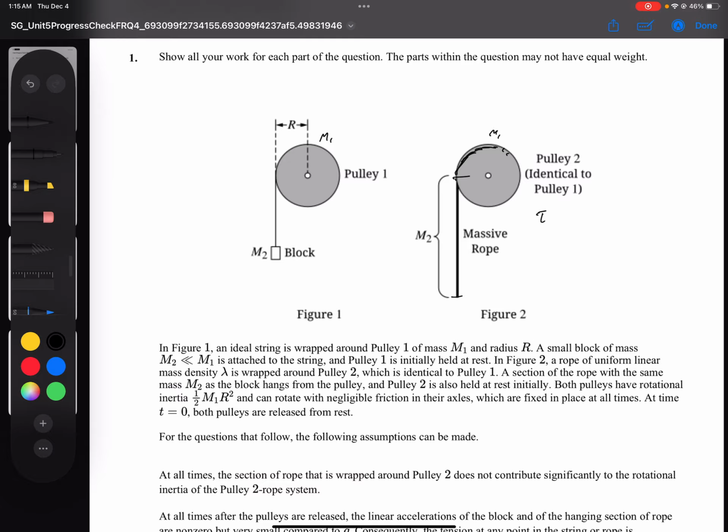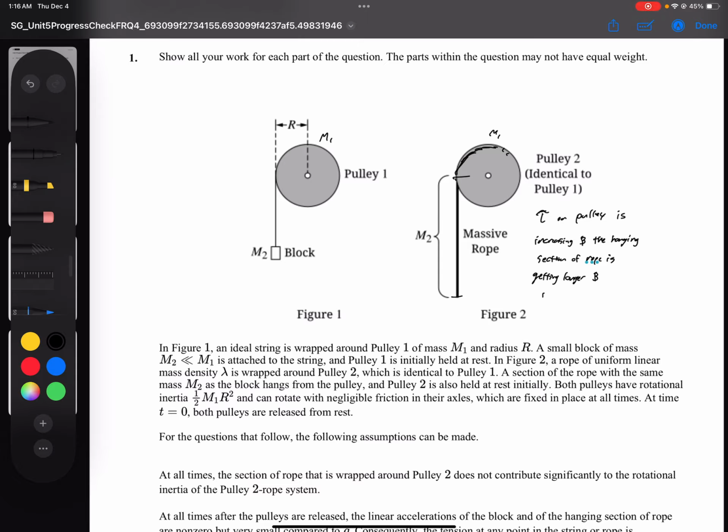So the torque on pulley 2 is increasing as the hanging section of rope is getting longer and increasing in mass.